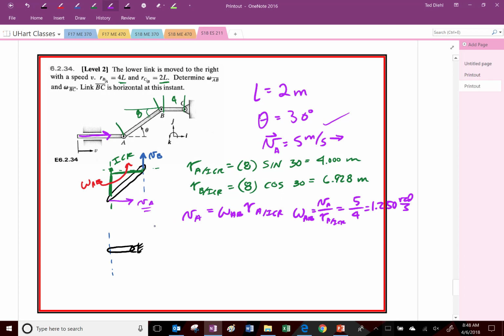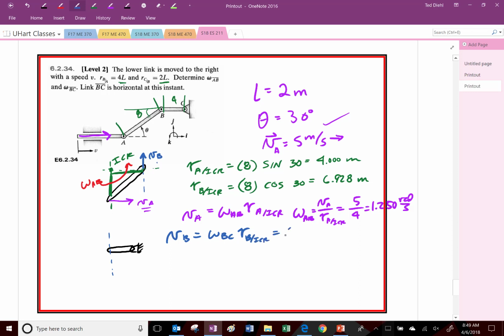And now I can find what the velocity of B is going to be. Velocity of B is going to be equal to omega BC times RB with respect to C. No, sorry, excuse me. I need to write B with respect to ICR.